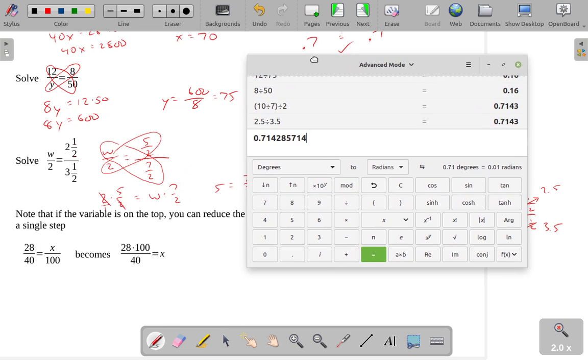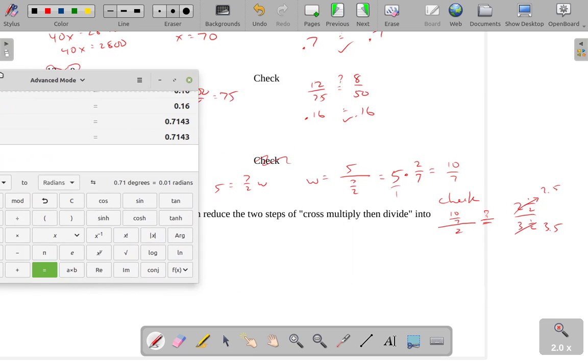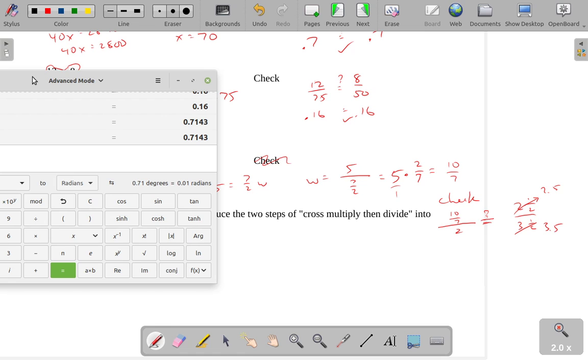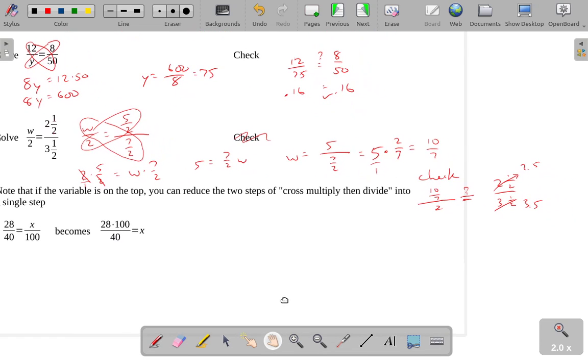Now let me look at what would have actually happened if I had dealt with this as 2.5 and 3.5. I would have had w over 2 equals 2.5 over 3.5. Cross multiply, I get 2 times 2.5 equals 3.5 times w.